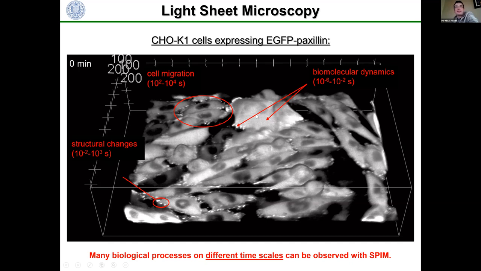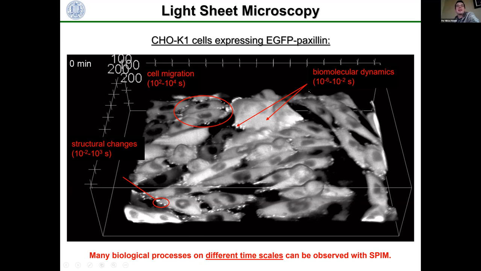But then we also have the biomolecular dynamics, as already discussed previously, which are the single paxillin-EGFP molecules in this case, diffusing in the cell and moving to different locations, in the end to those focal adhesions. So we can observe many different processes happening on different timescales with this kind of instrument.